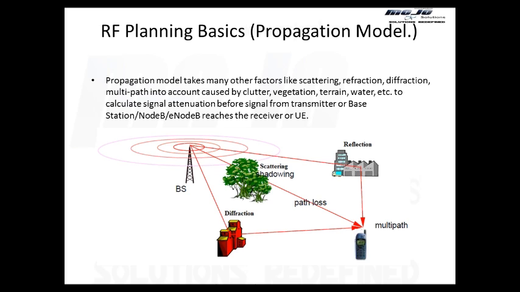There is a lot of theory around it. There are theoretical models which try to predict the signal level at the UE if it is transmitted from a base station. There are multiple base stations in the vicinity of each other, so what will be the signal level from each of the base stations?